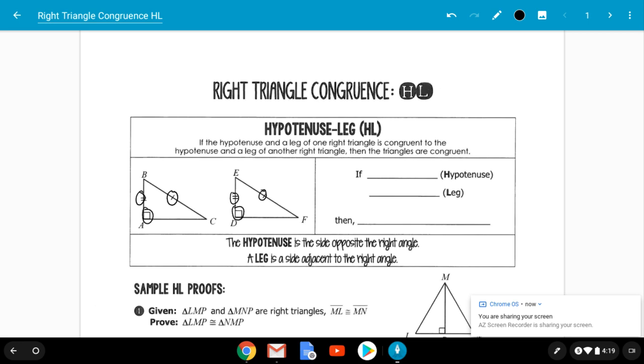It's enough information. So in this case here, if the hypotenuse, which remember is the side opposite of the right angle, so if BC is congruent to EF, and if the legs, the leg being a side that's adjacent to the right angle. Now notice we really have two sides, and you might be asking yourself, does it matter which side it is?